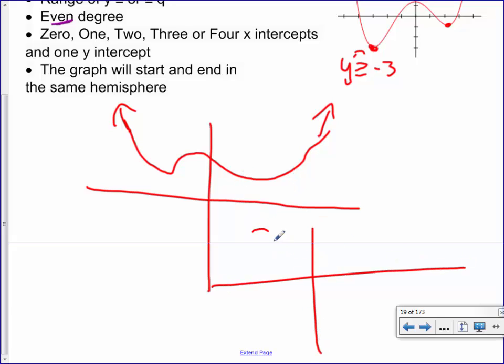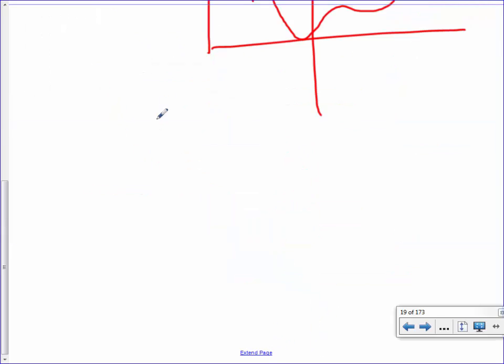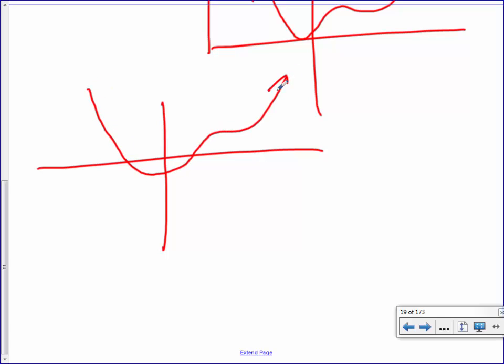You could have a graph that looks like this. It has that little squiggle in the middle, and it just barely touches once. Make sense? You could have a graph that does this: a really exaggerated quadratic-looking thing, and then a little twist right here. And here it goes twice.